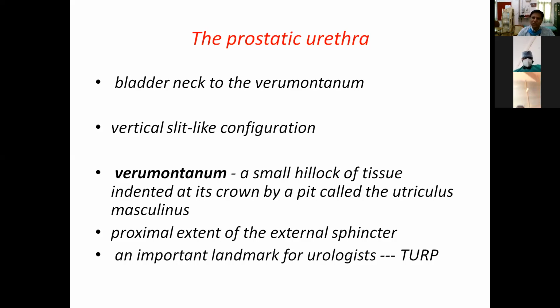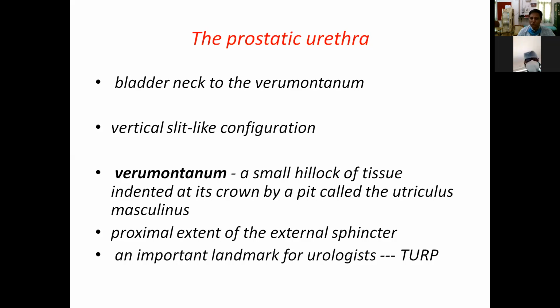The verumontanum represents the distal limit of the prostatic urethra. Just beyond that is the membranous urethra. Surrounding the membranous urethra is the external sphincter, a very important structure. If the external sphincter is lost, the man becomes incontinent of urine for life. Complete, permanent incontinence will be there.